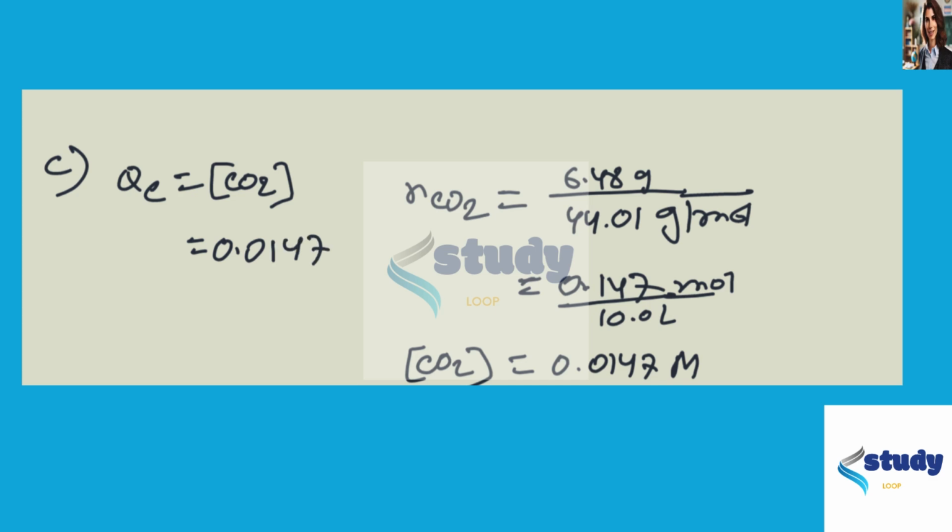Again, if we compare this with the value of Kc, we'll see that it is greater than the value of Kc, which is 0.0108. That means if we need to reach equilibrium, we need to decrease the value of Qc to the value of Kc.